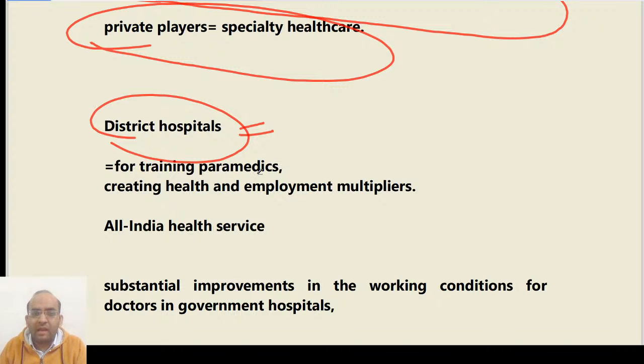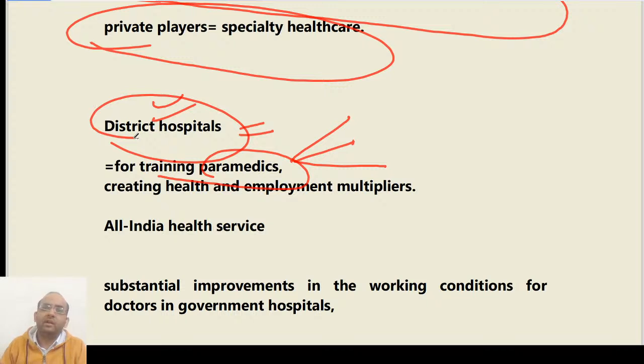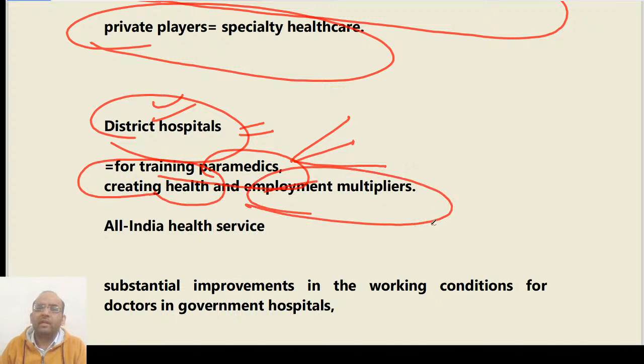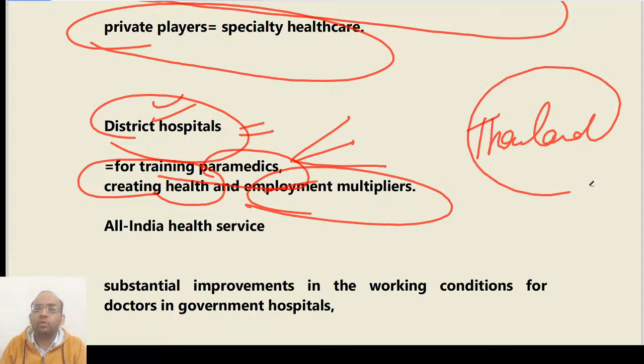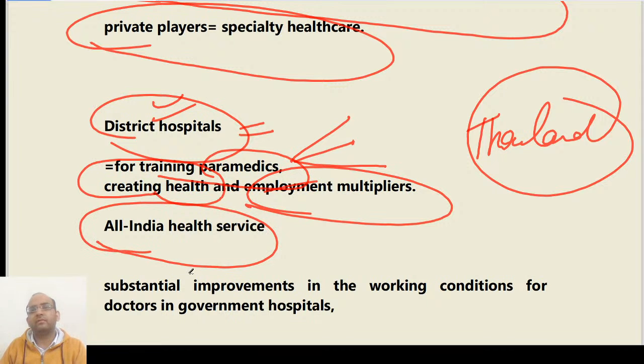Here private sector help would be taken for training paramedics like nurses, compounders, chemists, etc. These district hospitals could be turned into district colleges for paramedics, and this would create health and employment multipliers. I have already given the example of Thailand in previous classes, how social infrastructure becomes a boon for the economy and for society also. Then the Finance Commission recommended an All India Healthcare Service.